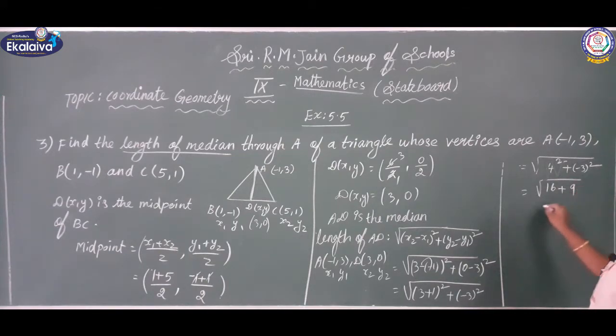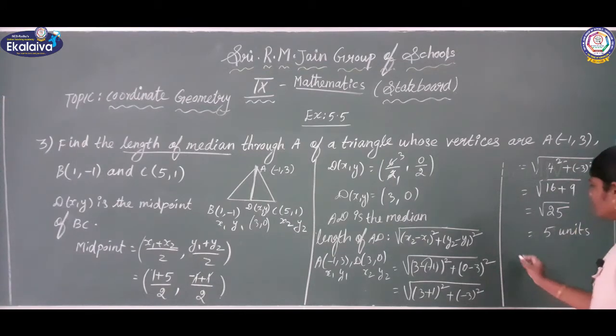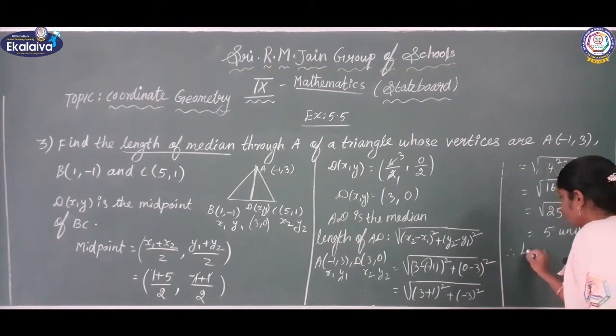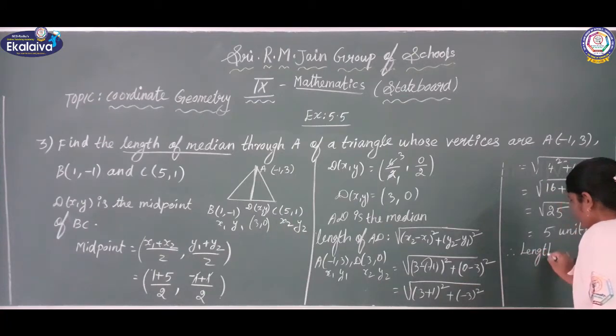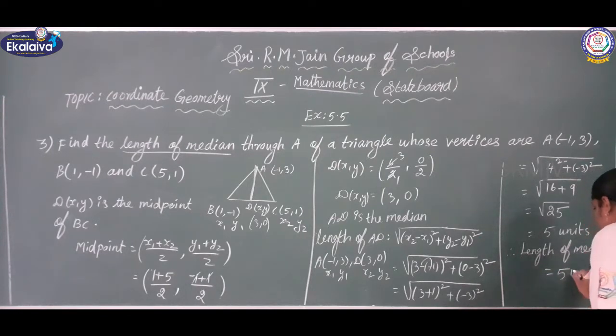Plus 9. Now you add this, 25. So square root of 25 is 5 units. So therefore the length of median equal to 5 units. Is it clear children?